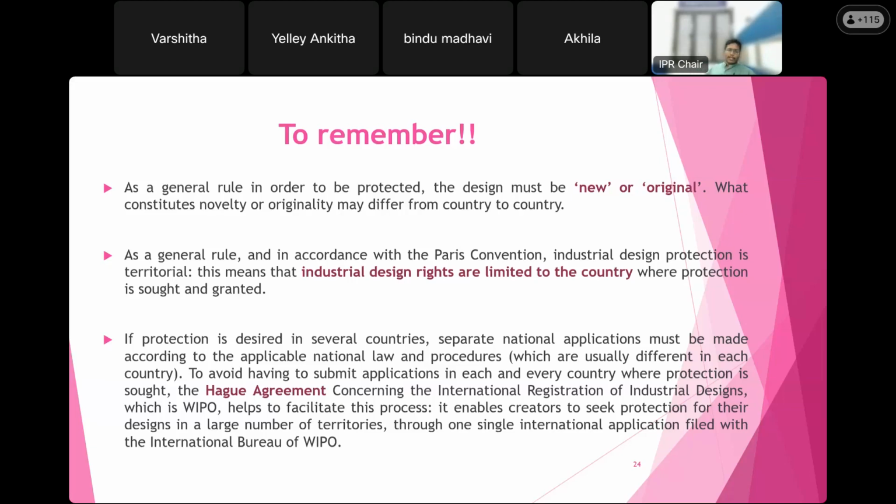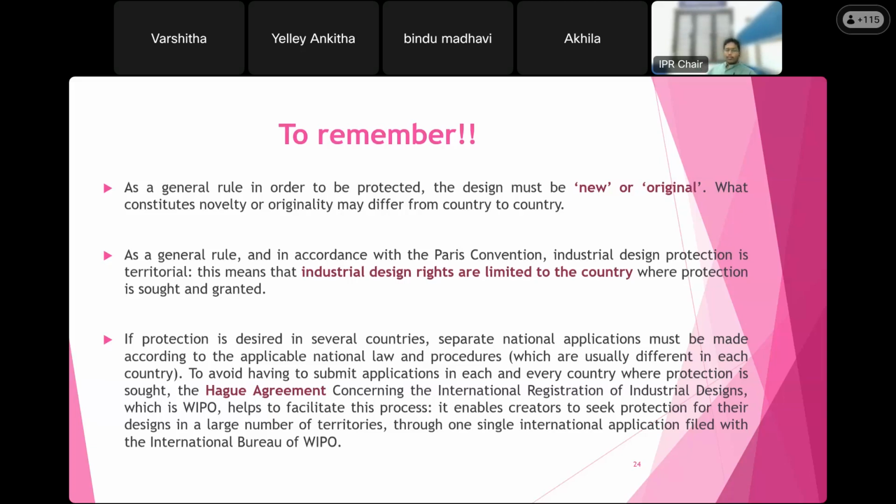I repeat, design is a territorial right only. If you want to get your design protected in other countries, you have to file in those countries as well. Within 6 months from the date of first filing in a convention country, or you can directly file through the Hague Agreement from WIPO.